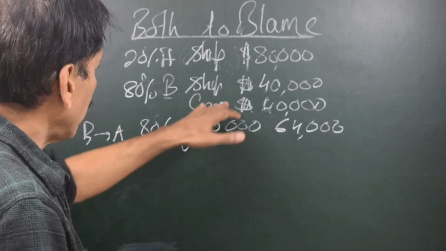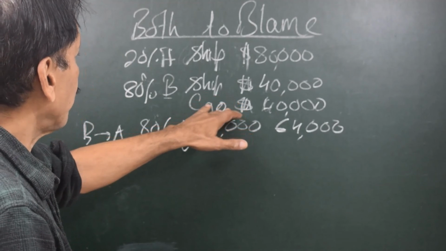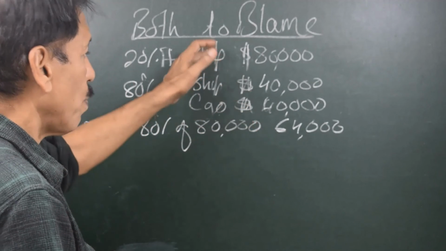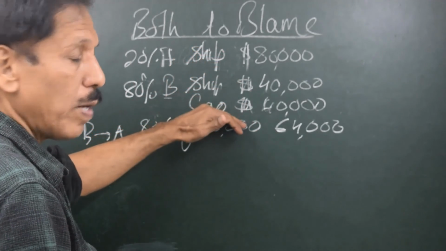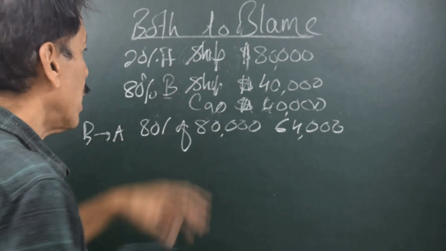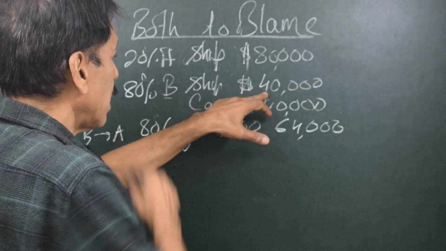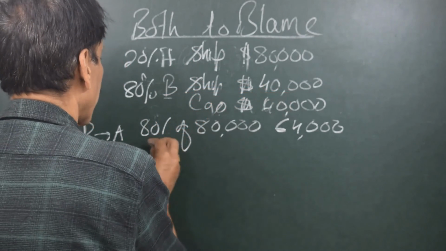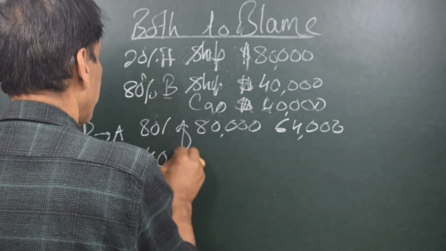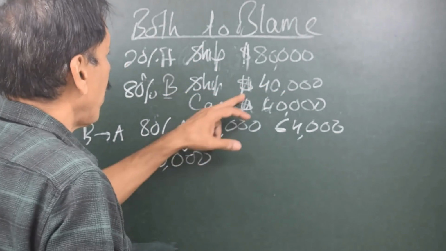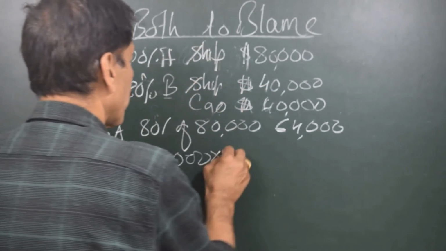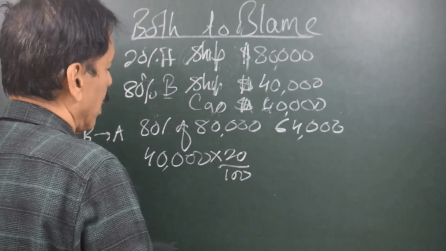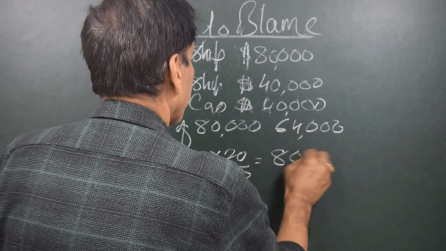Now there is a cargo damage of 40,000 and ship damage of 40,000, but ship A does not pay the entire amount or 50% amount or whatever. So it is the damage 40,000 multiplied by own liability, that is 20%, that is equal to 8,000.